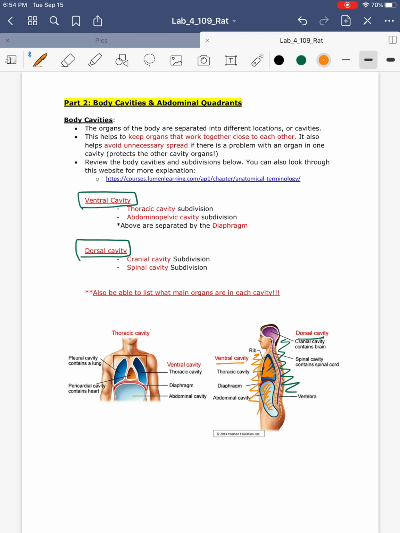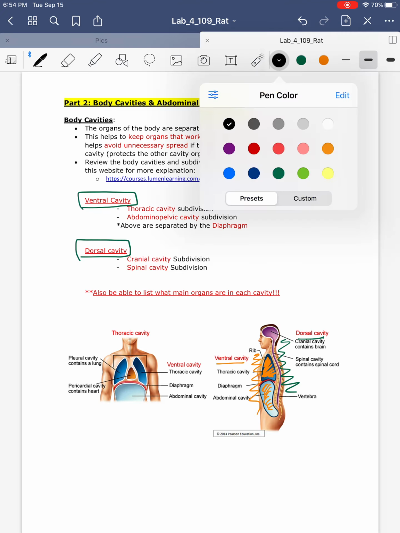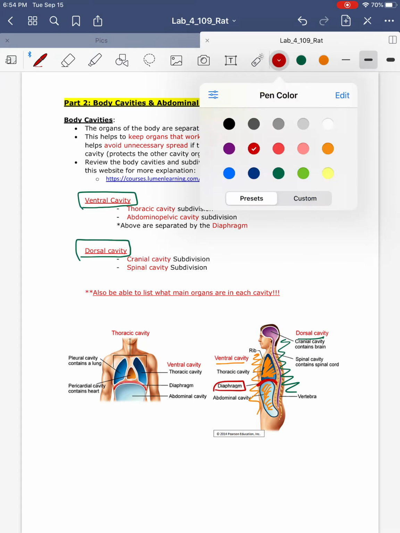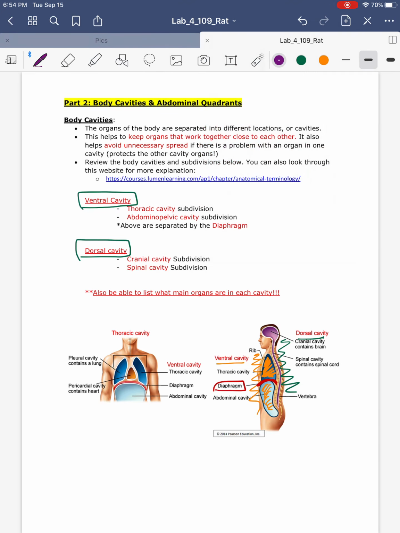Notice that it is the diaphragm that separates them, right? So the diaphragm, this red arch, that's the physical structure that separates the thoracic from the abdominal cavity or abdominopelvic cavity.